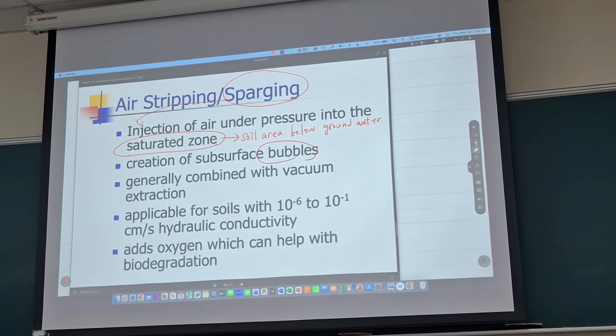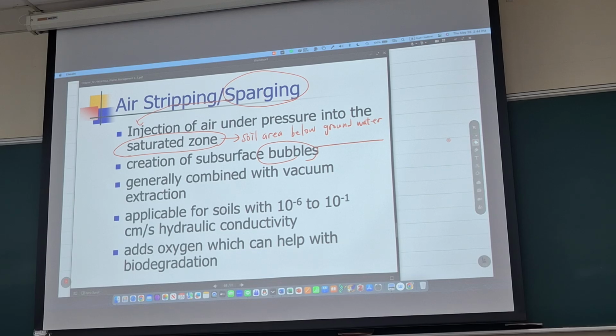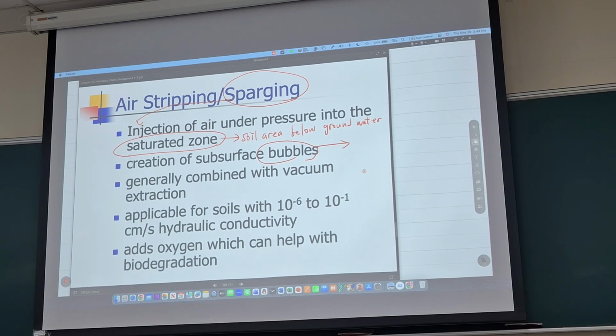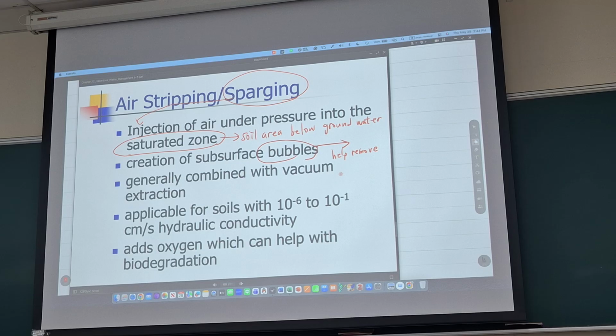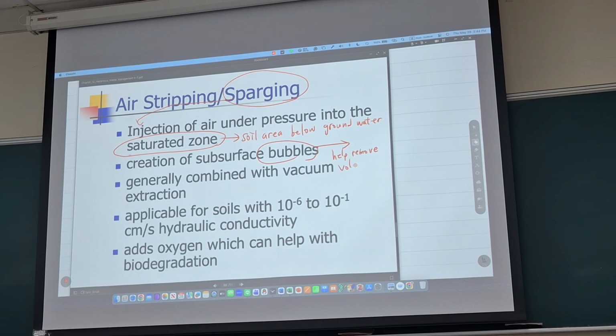Any function of this bubble? Yes. This bubble will help remove volatile contaminants.